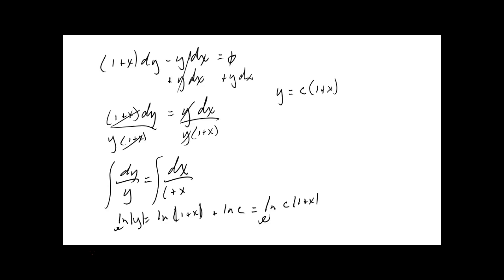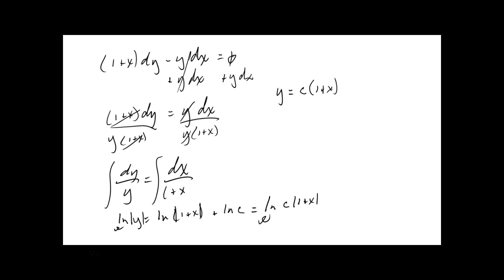So we can just eliminate that, and once you take the e's, then you can forget about the absolute value, because exponentials are defined everywhere. Okay, now, it's not wrong if you just put a c there, but then you can't take the e of both sides.